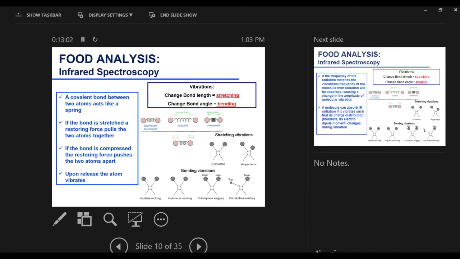Bending is any bending of the bonds, and it can be in plane, out of plane, and different types of bending. You don't have to worry too much about that. But anyway, there are different types of stretching and bending, and when the molecule absorbs the light, it goes into this higher vibrational state, and then when it releases and goes back to the ground state, it releases its stretching and bending. It restores to its original vibrational state.